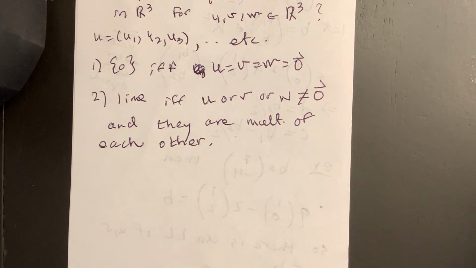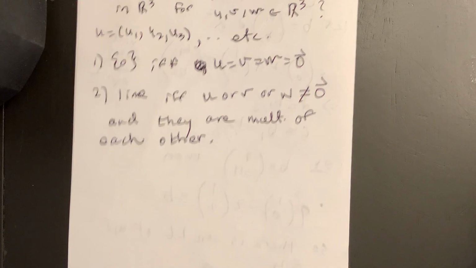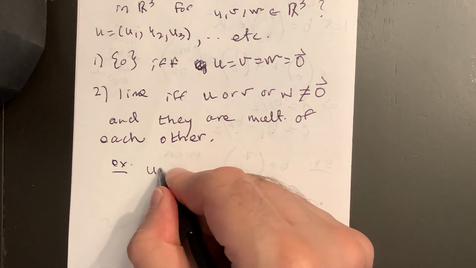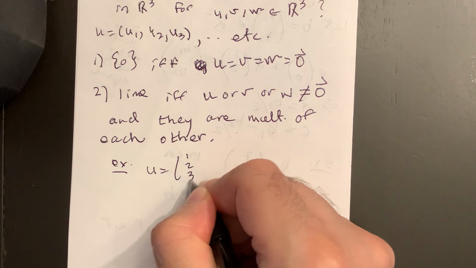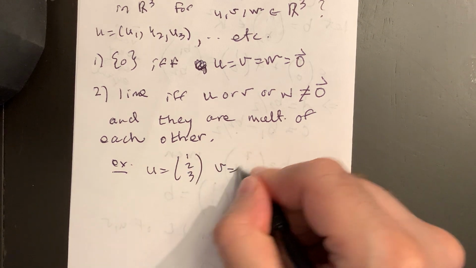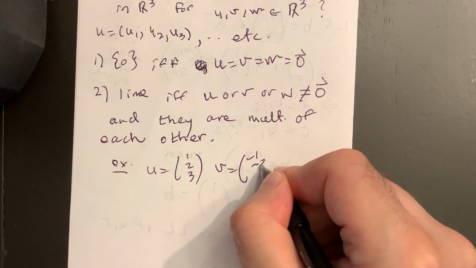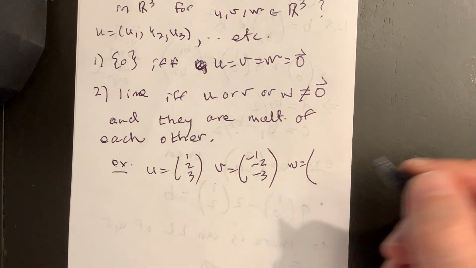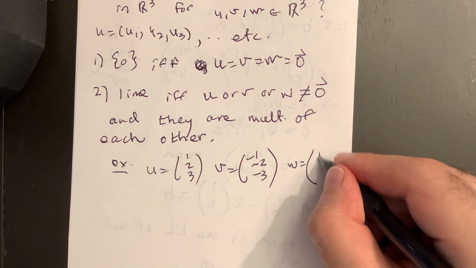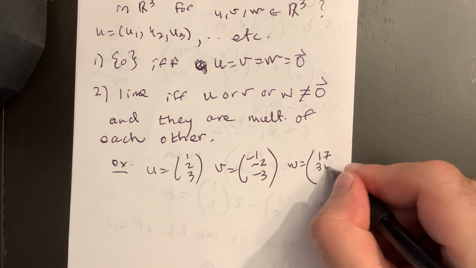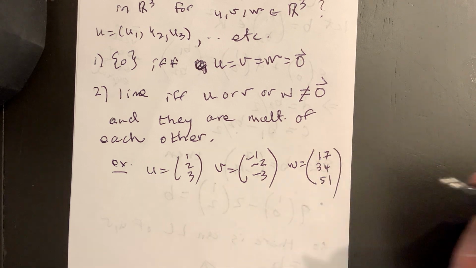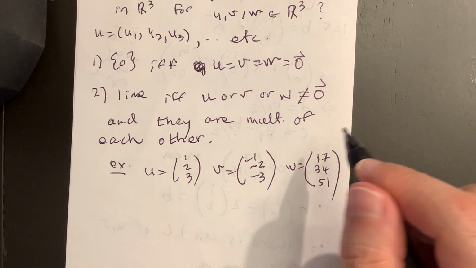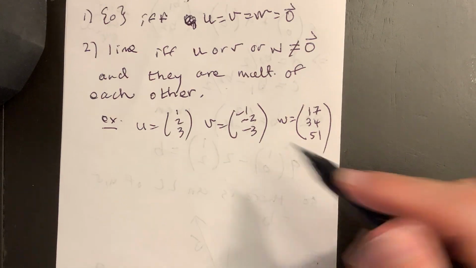So this should be clear, right? Because say, for example, suppose u equals 1, 2, 3, v equals -1, -2, -3, and say w equals 17, 34, and 51. Then any linear combination is going to be a multiple of these, right?